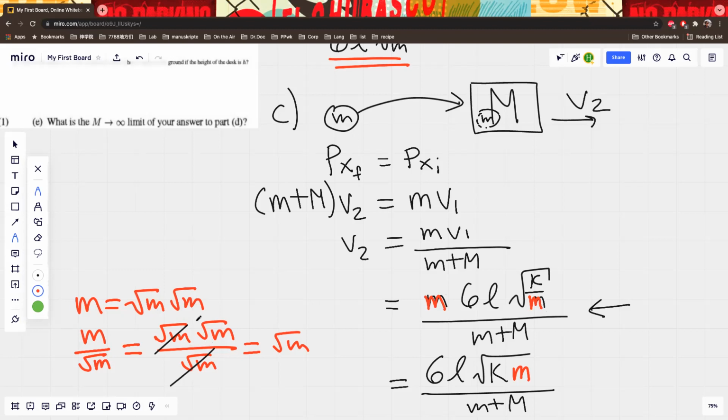Then I cancel out the root m at the top and the bottom, so I just end up with root m. And so that's why I put this m, and this m, that just ends up being an m in the numerator square root. All right, that's good.